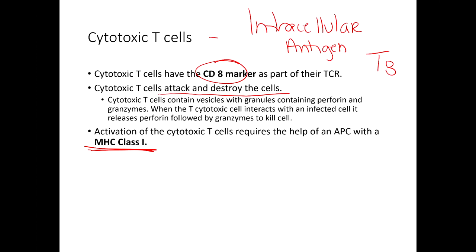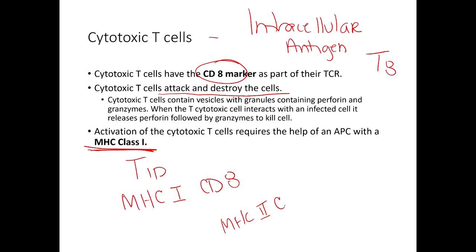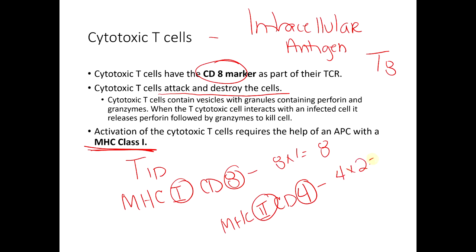One of the things that I like to tell students, because they say they can't ever keep apart CD4, CD8, MHC1, MHC2, is my quick tip, if you will. Okay, MHC class 1 with a CD8, and you have MHC class 2 with a CD4. 8 times 1 equals 8. 4 times 2 equals 8.